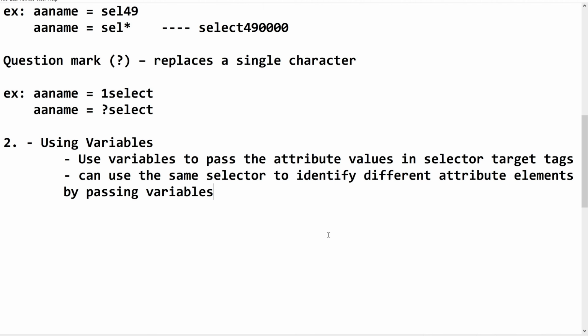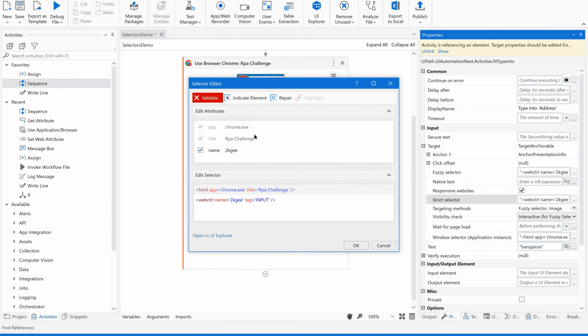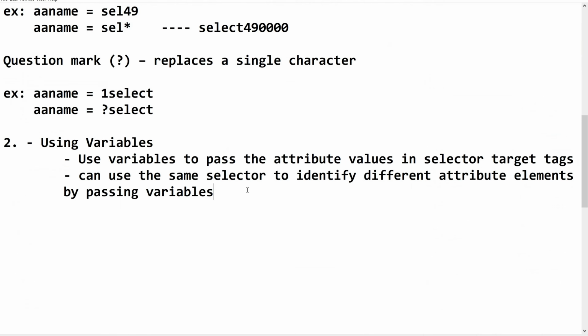Now let me show you an example here. Let us just move on to our studio. Here I have one selector where the name value is something like 2kGEE, right? Let me copy this out and show you how it is.